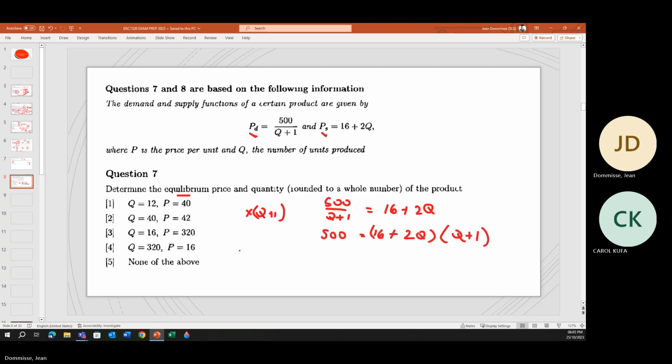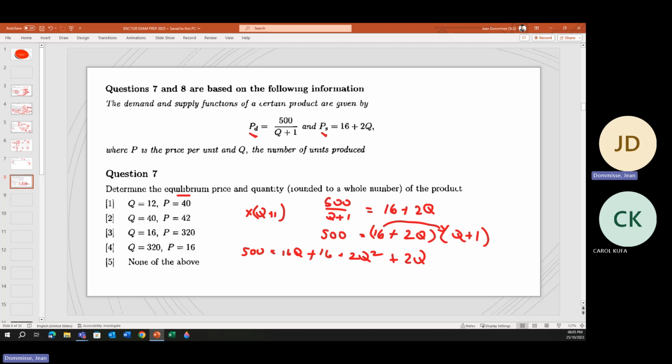Okay, so let's still keep the 500 on this side for now. Let's multiply, so it's 16Q plus 16, then plus 2Q to the power of 2 plus 2Q.